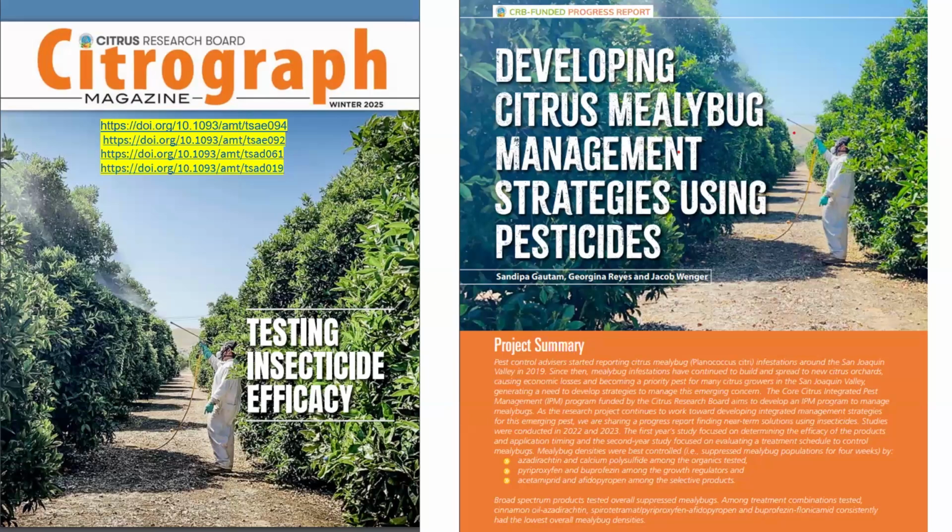So let's start with the chemical control, developing citrus mealybug management strategies using pesticides. And this is a Citrograph article that was published in the winter issue of 2025. You could just Google it and get it from there. I also shared links to Arthropod Management Tests articles.